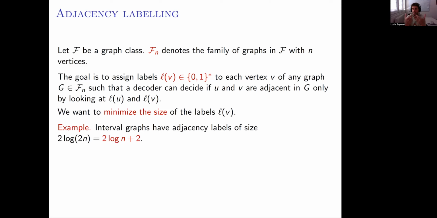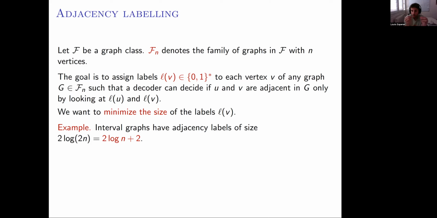Interval graphs. Interval graphs are the intersection graphs of intervals of the real line. So each vertex corresponds to an interval, and two vertices are adjacent if the corresponding intervals intersect. And I claim that you can put adjacency labels of size 2 log n plus 2.